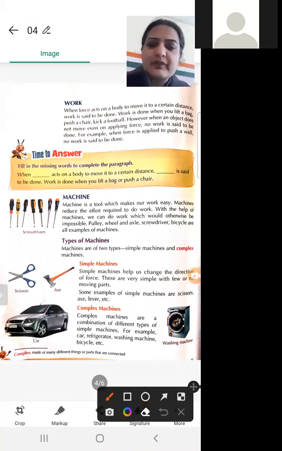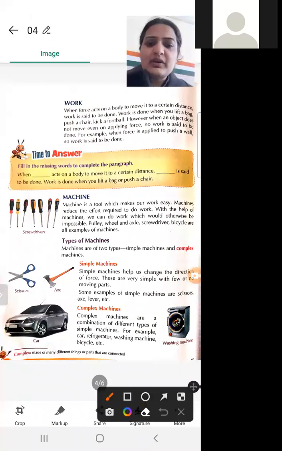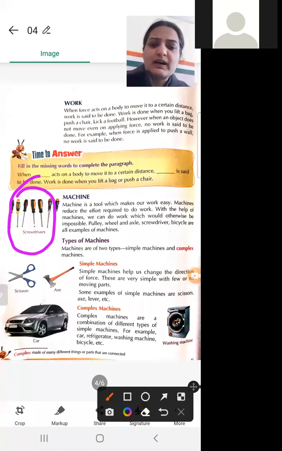If our effort is 20, it reduces to less than 20. With the help of a machine, we can do work which would otherwise be impossible. So, with the help of these machines, work becomes so much easier.